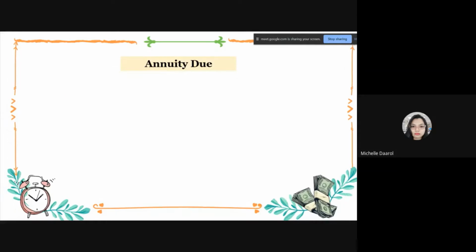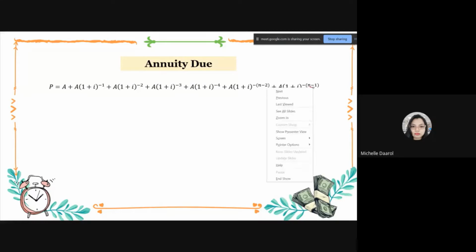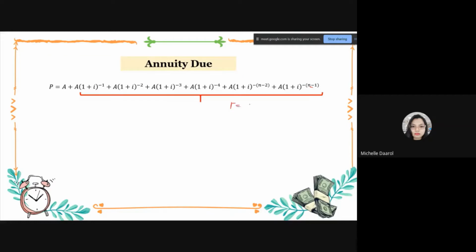Therefore, the present worth is equal to A plus A multiplied by 1 plus i raised to negative 1, and so on and so forth. The ending is n minus 1. We noticed that this is a geometric sequence, where the common ratio is 1 plus i raised to negative 1.